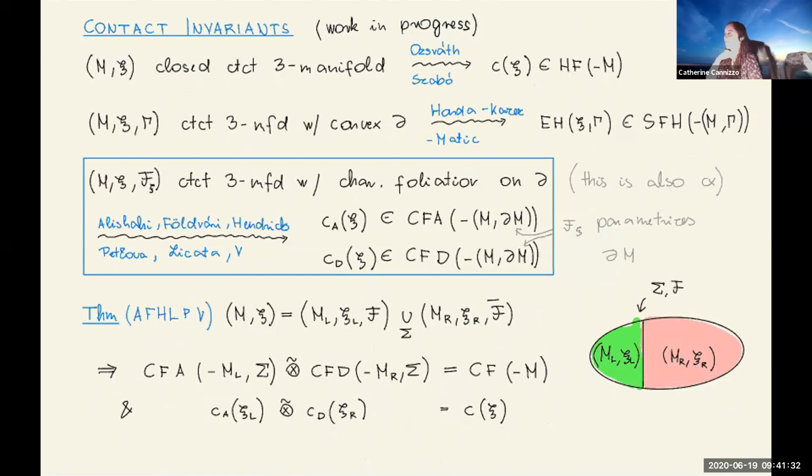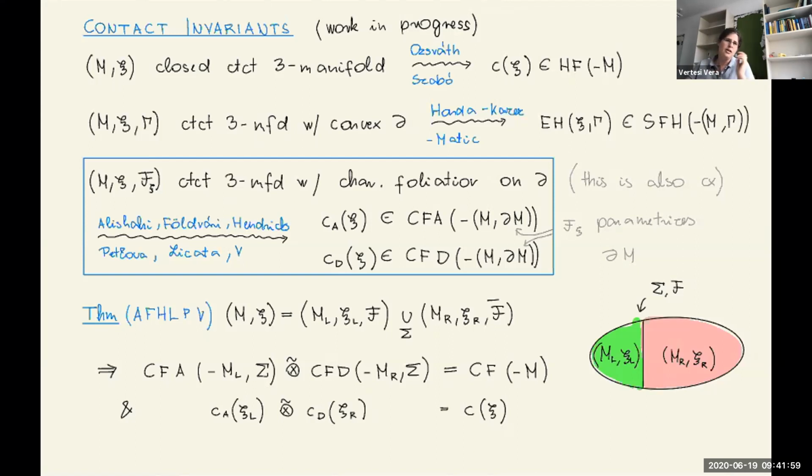Full hour, perfect. Okay. So another application is to define contact invariants for bordered three manifolds using this foliated open book. Just a reminder, as a black box, contact invariants have been defined for closed contact three manifolds.